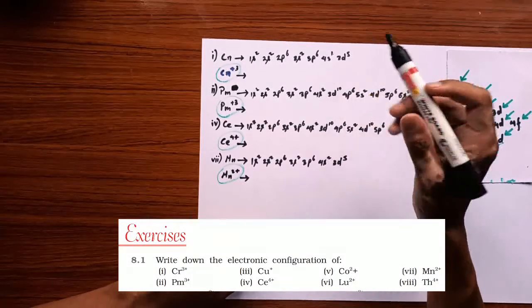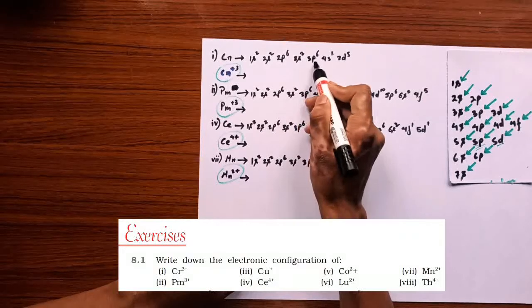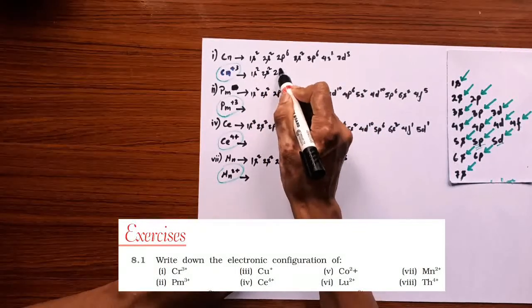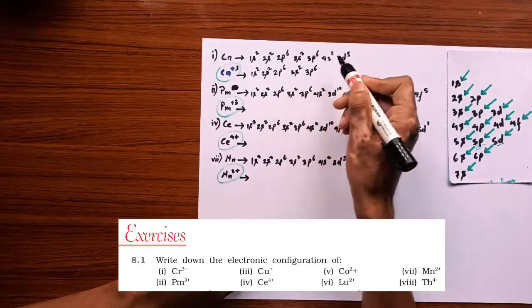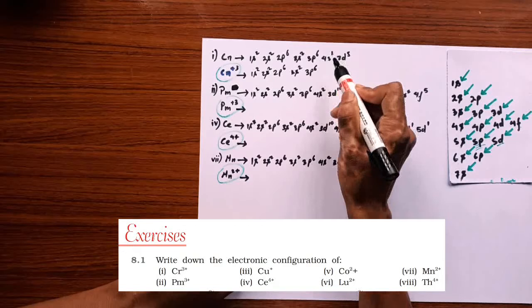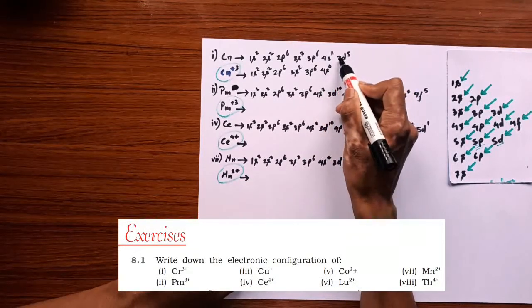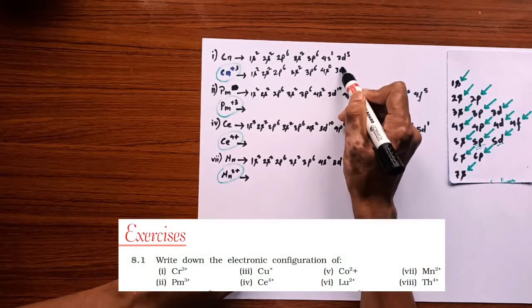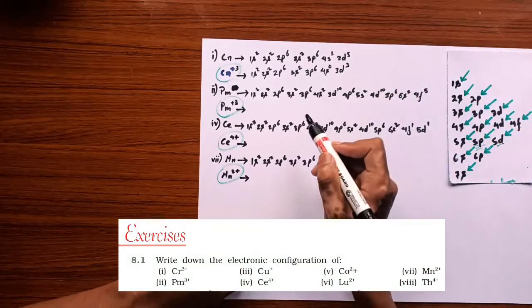So from here to here it will just remain the same: 1s2, 2s2, 2p6, 3s2, 3p6, and then I've removed 1 electron from the 4s, so it becomes 4s0, and then I've removed 2 electrons from the 3d orbital, so it gives us 3d3.